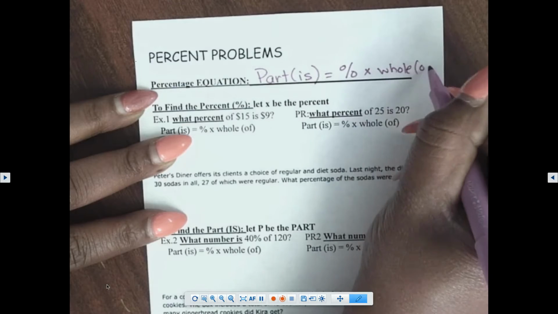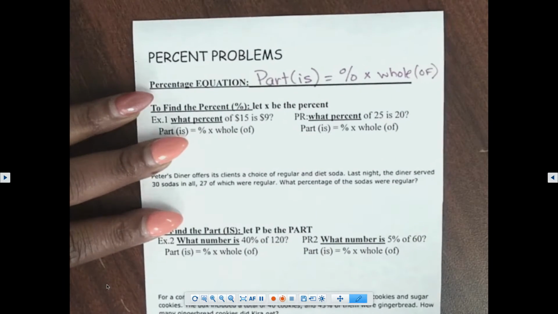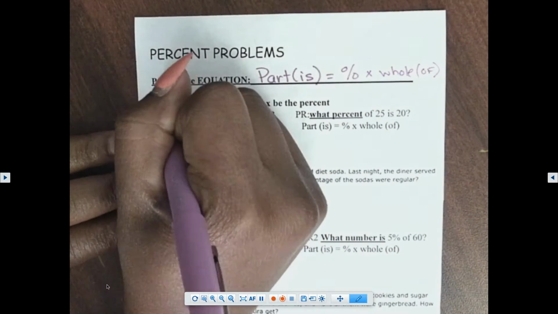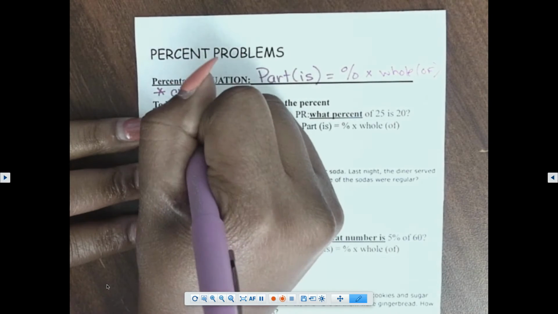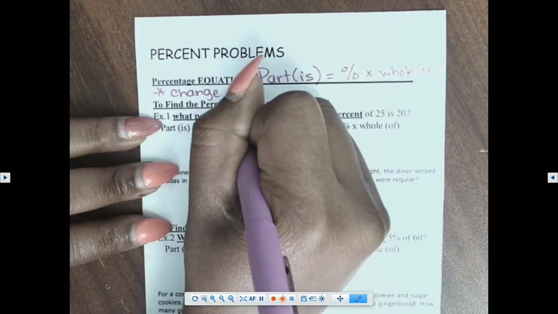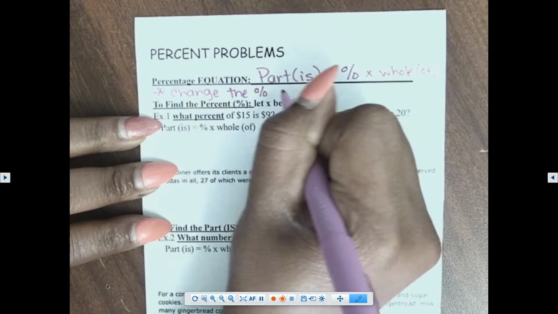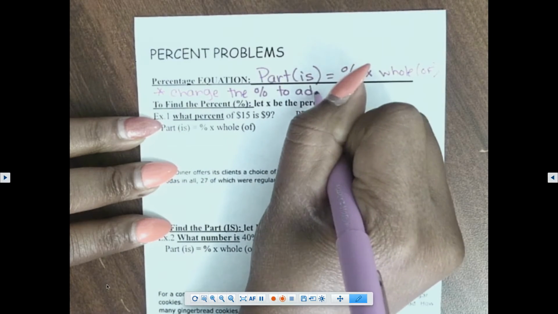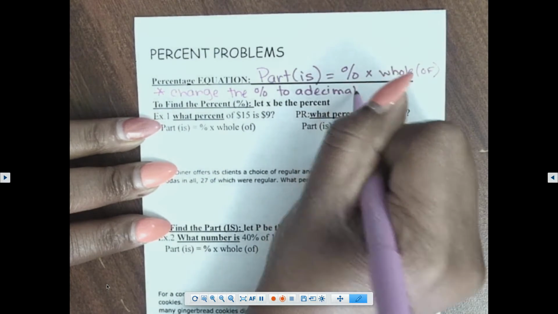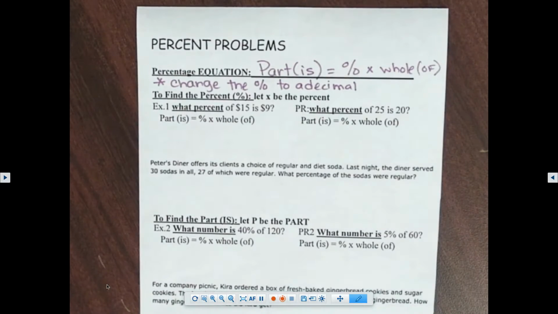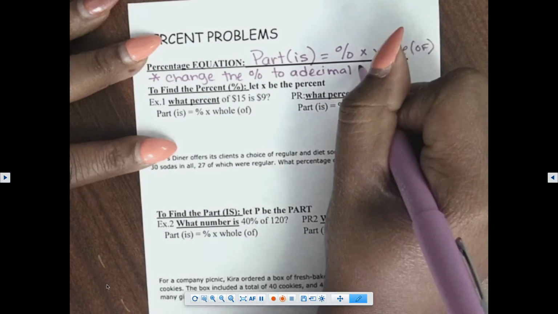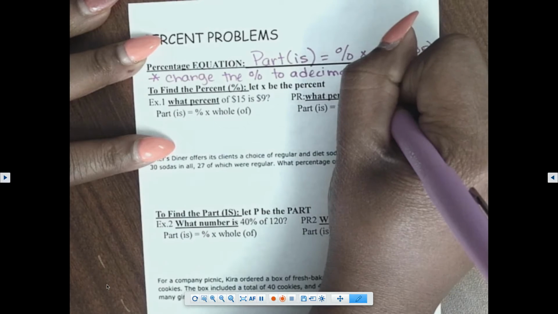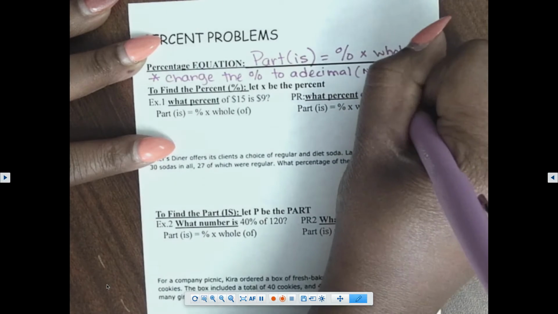And in a word problem, you will see of. The key thing to remember here is to always change the percent to a decimal. Now, if you like the fraction way, you can change it to a fraction, but I find changing it to a decimal is easier. And remember, that's just dividing the numerator by the denominator.